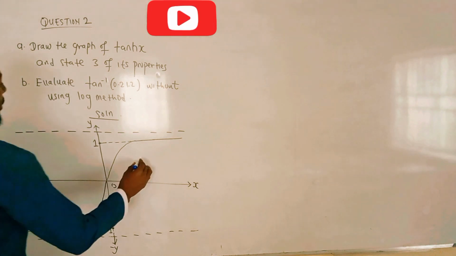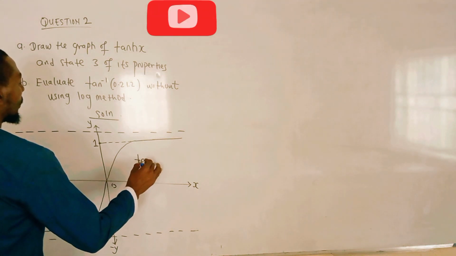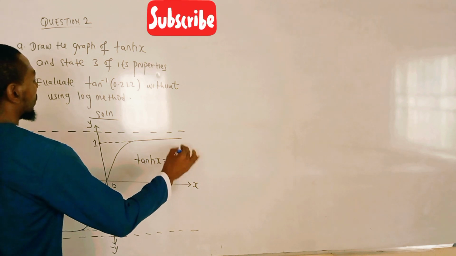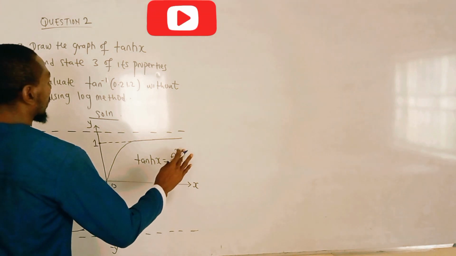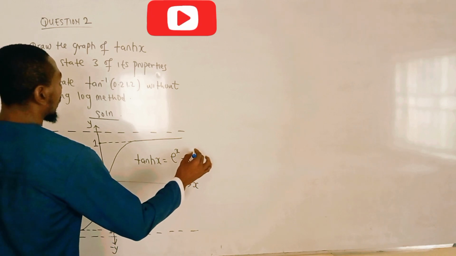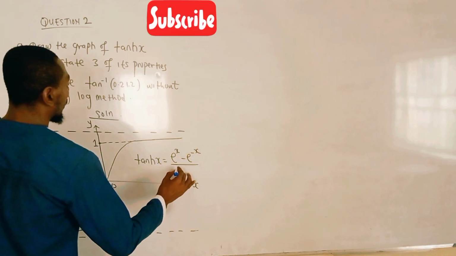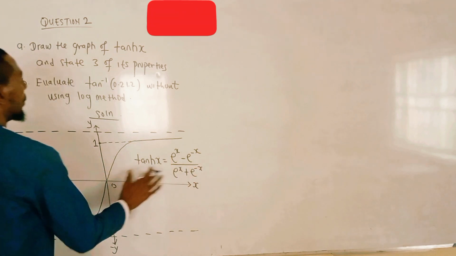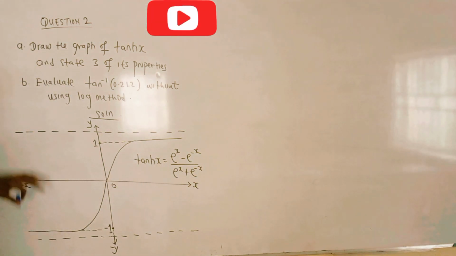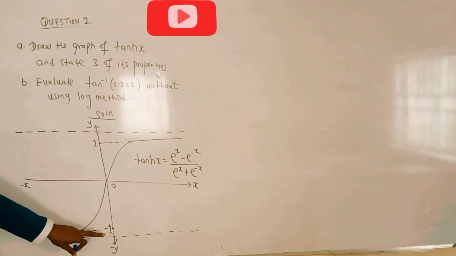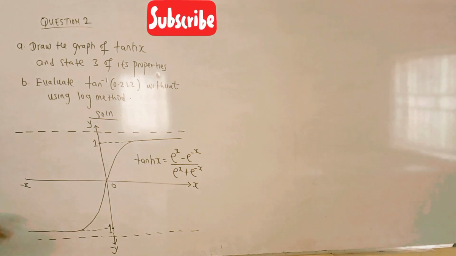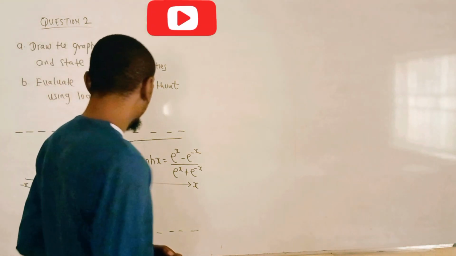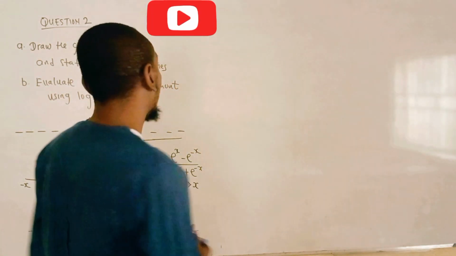And then of course, the formula for tanh of x is equal to exponential x minus exponential minus x over exponential x plus exponential minus x. So this is what we just drew now, the graph of tanh x from -1 to +1, and that is the typical graph of tanh x, and the characteristics.